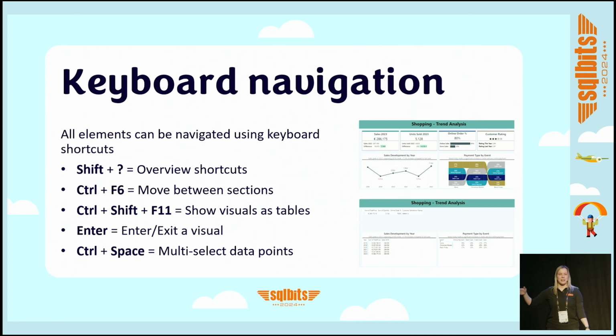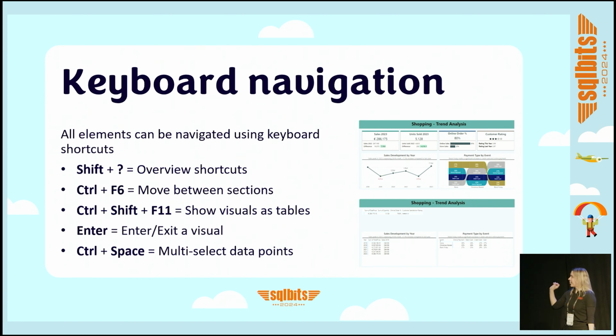But all my customers are always asking, can we also have tables? They also ask if you can export it to Excel, but the second one is, can we also have everything in a table? And if you press Control-Shift-F11, your whole report is like one big, now not one table, but lots of different tables. And that's really, really awesome.